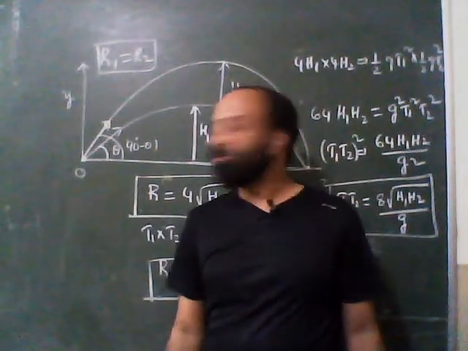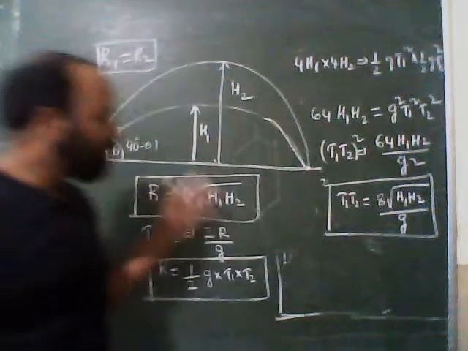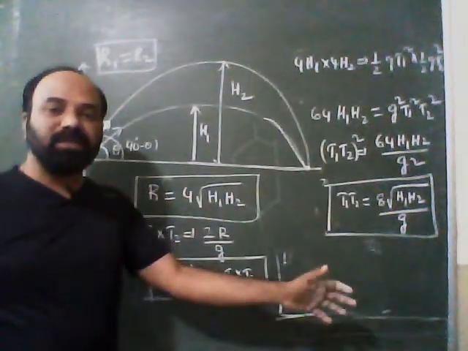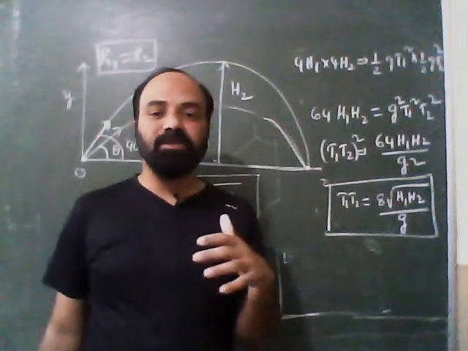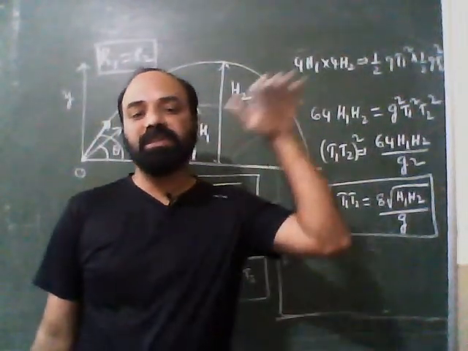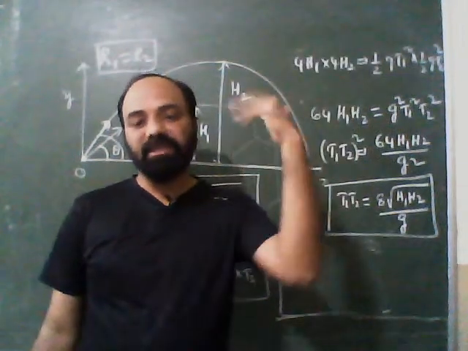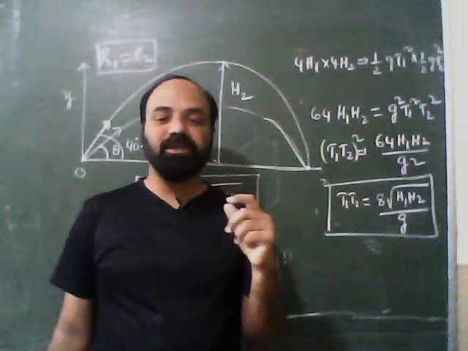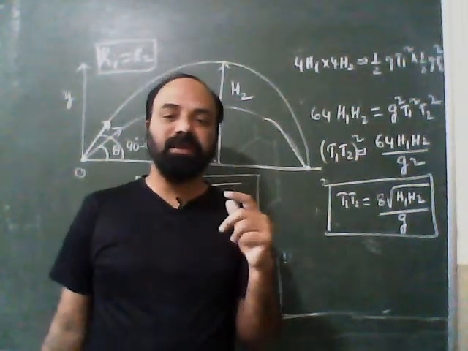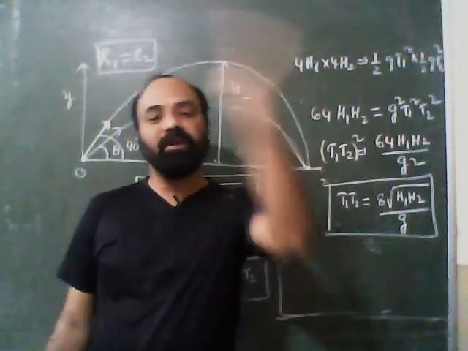Okay, understood? So this is the brief discussion of the oblique projectile. In the next session we will discuss the horizontal projectile, where a body is projected from a certain height, whether downwards or upwards. Also, in the NEET examination, they used to ask one problem about a body projected from one tower to another tower.